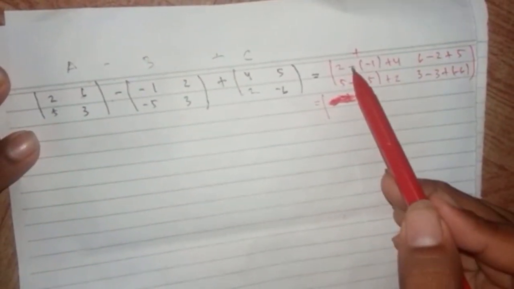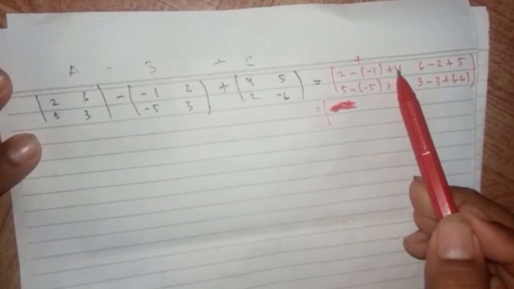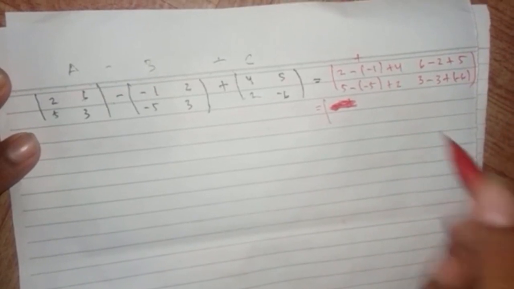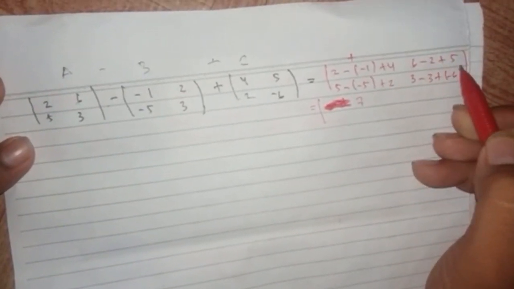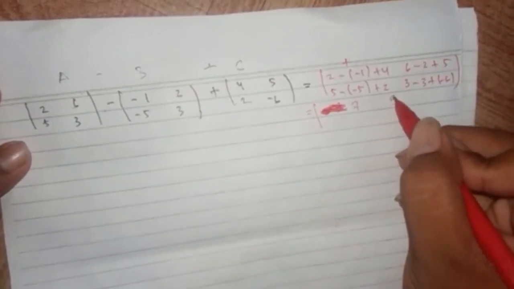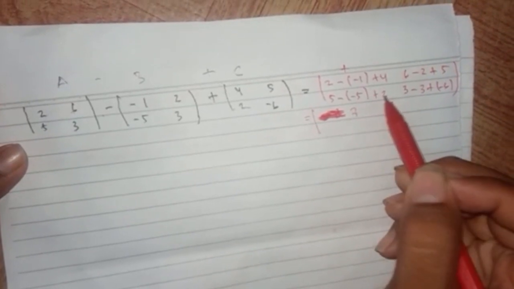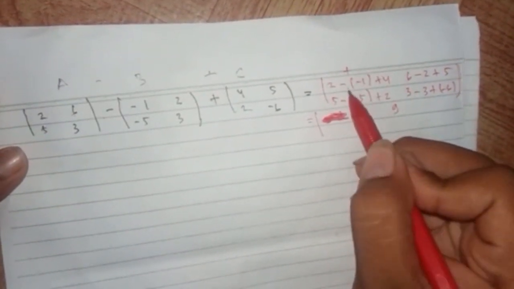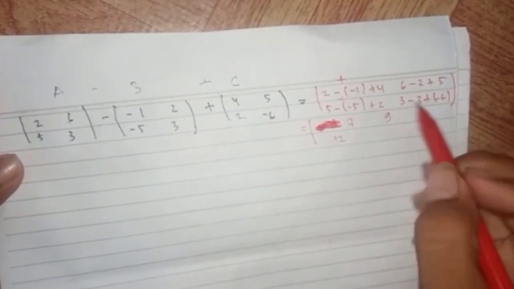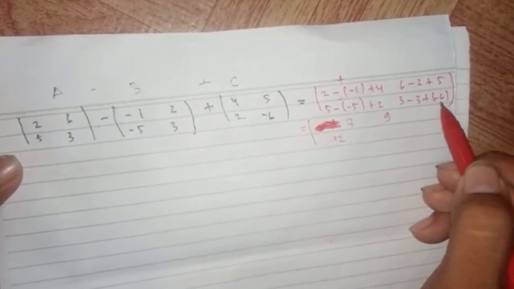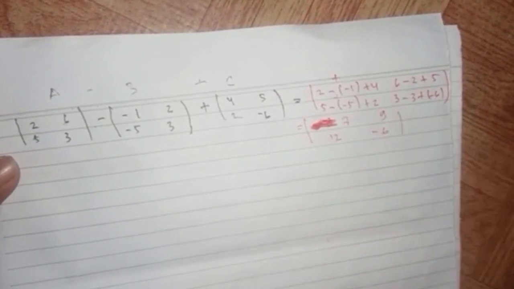Next, 2 minus minus 1 plus 4, or 2 plus 1 plus 4, is 7. 6 minus 2 plus 5 is 9. 5 minus minus 5 plus 2, or 5 plus 5 plus 2, is 12. 3 minus 3 plus minus 9 is minus 6.